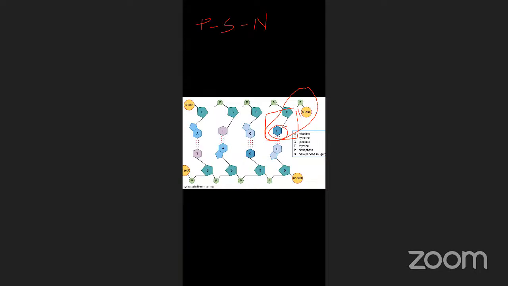These three together form a nucleotide. Like this, a number of nucleotides form the DNA structure. This is one nucleotide, this is the second, third, fourth. These are considered the backbone of the DNA. So in a nucleotide: phosphoric acid, deoxyribose sugar, and nitrogen bases.